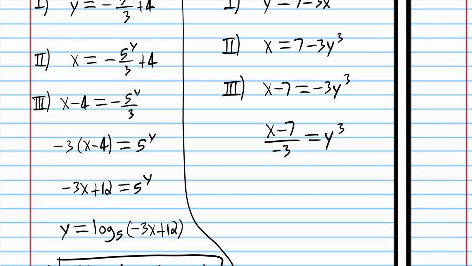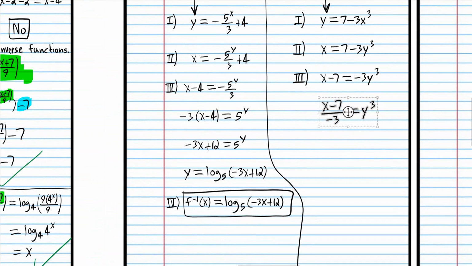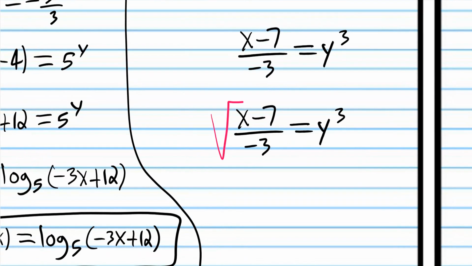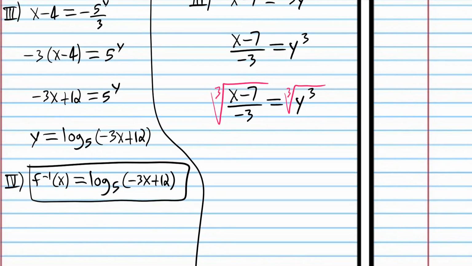Now you don't have to show this. You only have to show the result after cube rooting, but just to be clear what's happening here, I'm going to go ahead and show the cube rooting. Okay, so we're cube rooting everything, and so we have y is equal to the cube root of x minus 7 over negative 3.